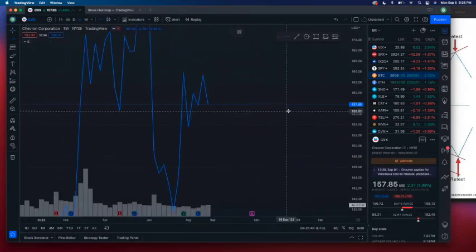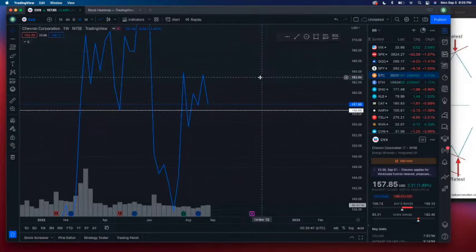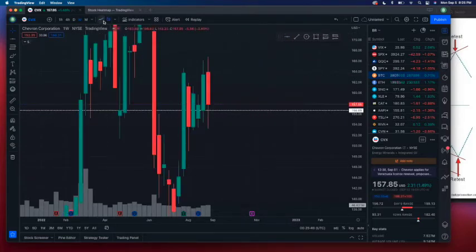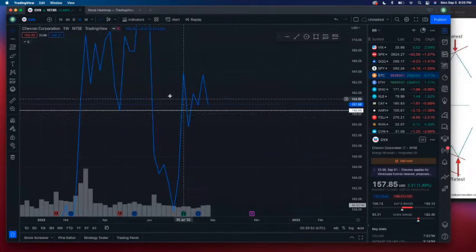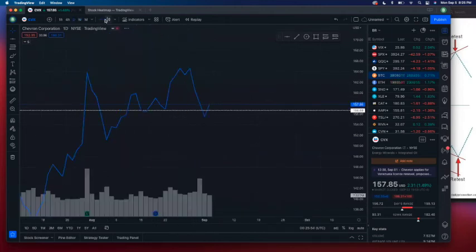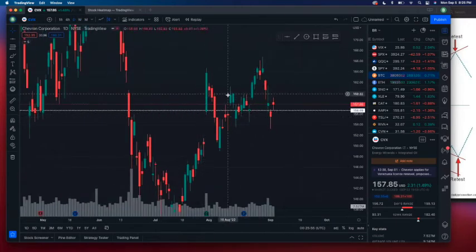For example, we draw support here, and what I took was, okay, we had a break above. This isn't a very clean chart. I think I want to find something cleaner.